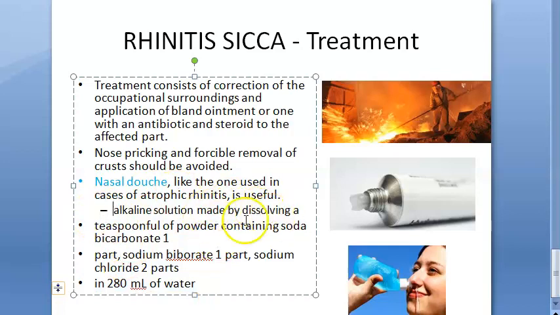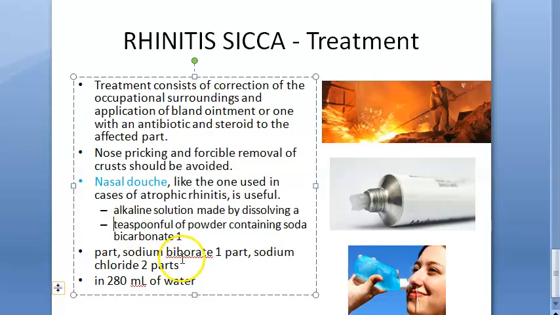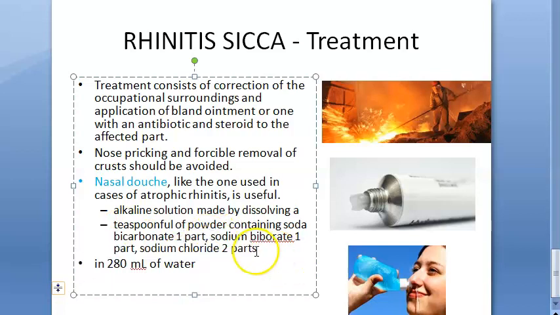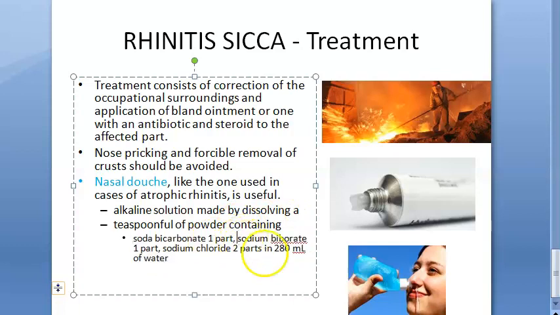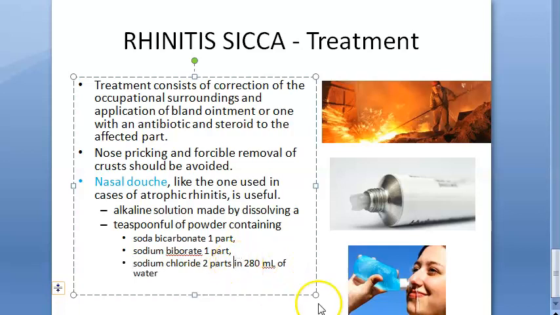Alkaline solution is made by dissolving a teaspoon of powder containing soda bicarbonate 1 part, sodium biborate 1 part, sodium chloride 2 parts in 280 ml of water. So what are the three things? Soda bicarbonate, sodium biborate and sodium chloride in 280 ml of water.